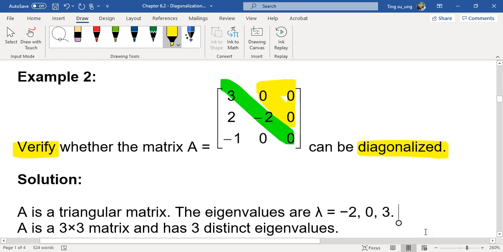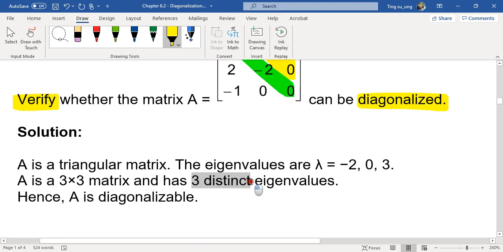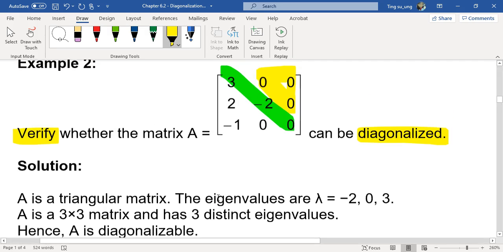Because this is 3 by 3 and you have 3 different eigenvalues, so you must write it has 3 distinct eigenvalues, so it means A is diagonalizable, just like that. This kind of question will give you at most 4 marks, at least 2 marks.